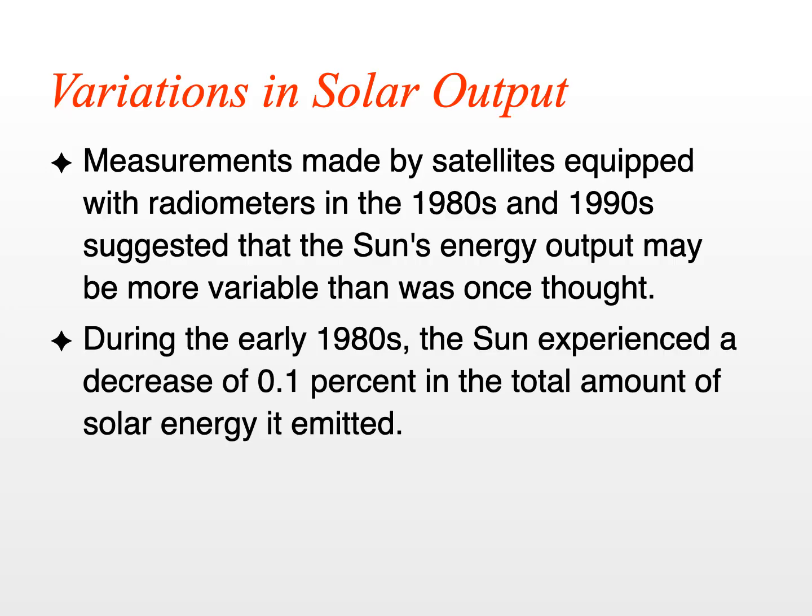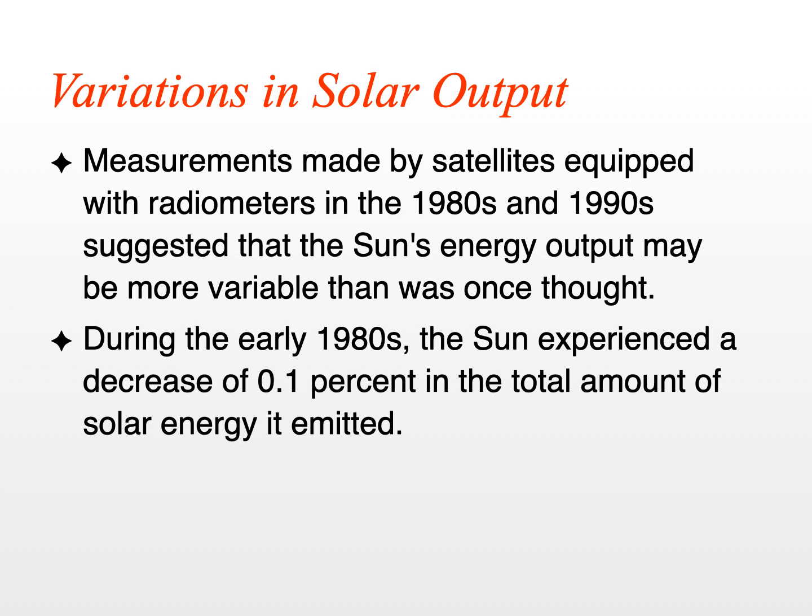And this one seems obvious, right? If the sun's output varies over time, it's going to influence the climate of the Earth because solar radiation is the main source of energy that heats the atmosphere. So we've been measuring solar output since the 1980s, 1990s using satellites.